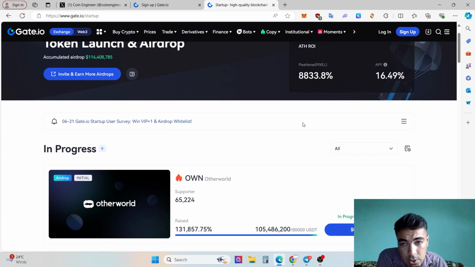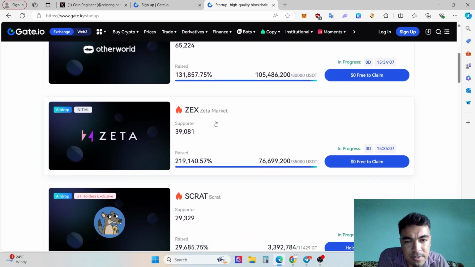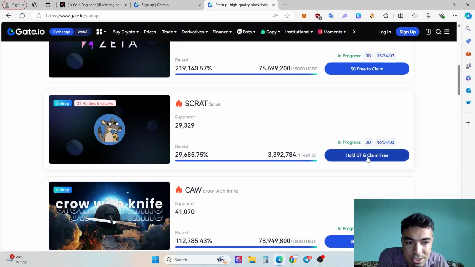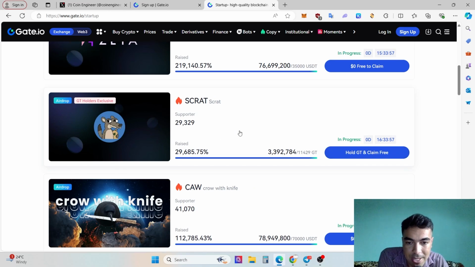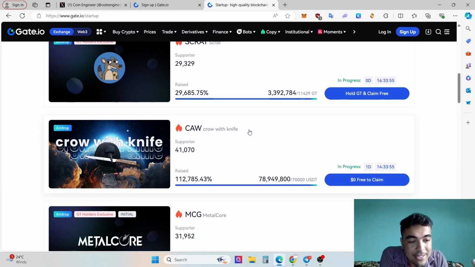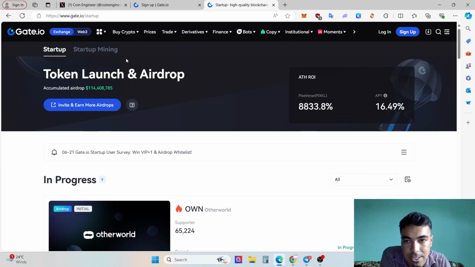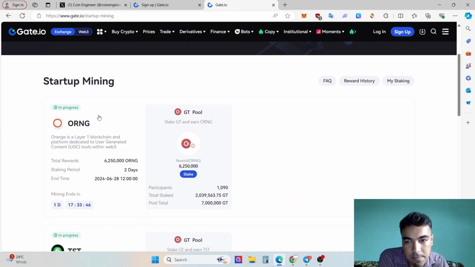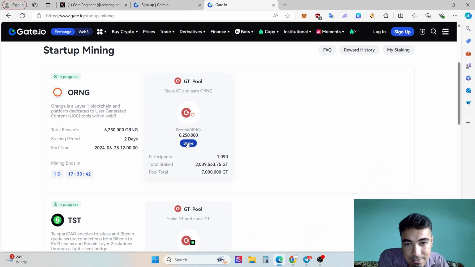If you are a regular user at the gate.io site, for example, the Zeta ZX token, Otherworld's own token, you can just click hold GT. For example, if you are a holder of the GT token, you will absolutely be eligible for this airdrop. That means you can easily get free money from gate.io, token launch and airdrop, and at the same time you can join startup mining, for example, in progress, Orange, Layer on blockchain, etc. Just click stake.